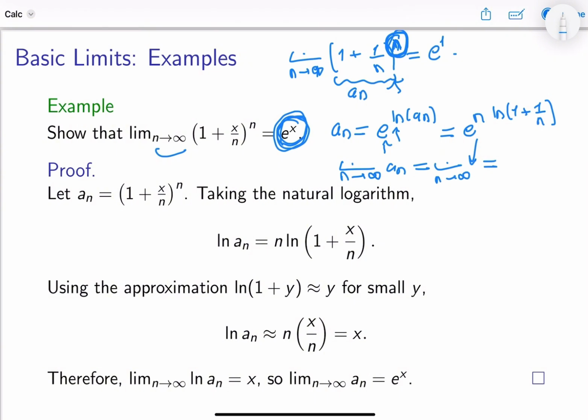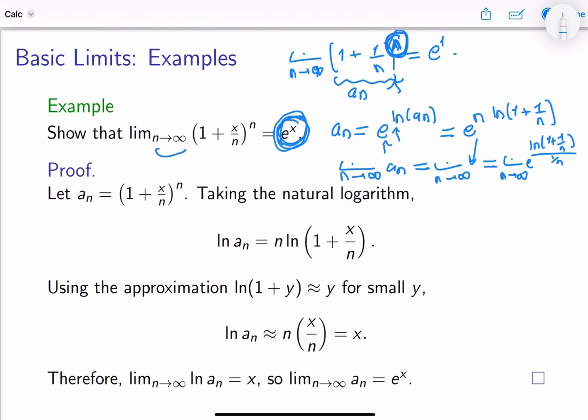So let us rewrite it as the log of (1 plus 1 over n) over 1 over n, right? So we can bring this n to the denominator by making it 1 over n, as n tends to infinity.